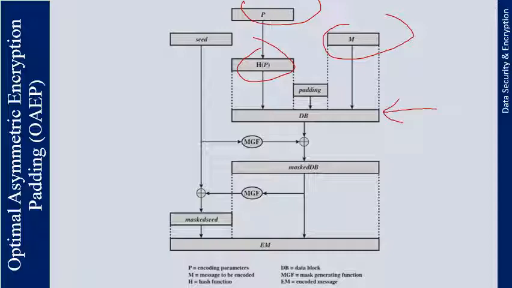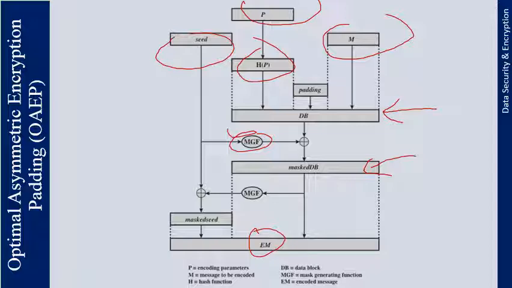Next, a random seed is generated and passed through another hash function called the mask generating function MGF. The resulting hash value is bit by bit XORed with the data block to produce the masked data block, which forms an encoded message EM.